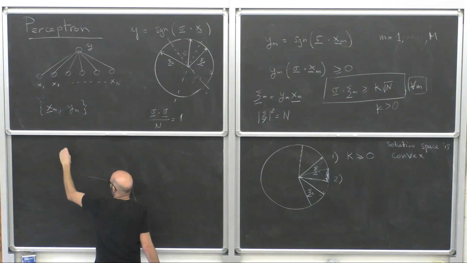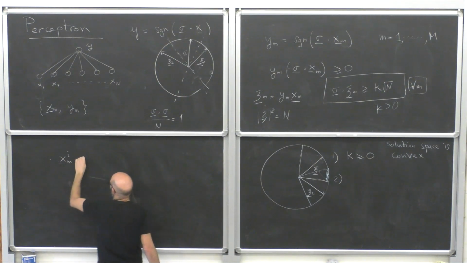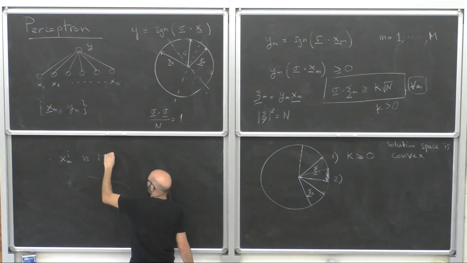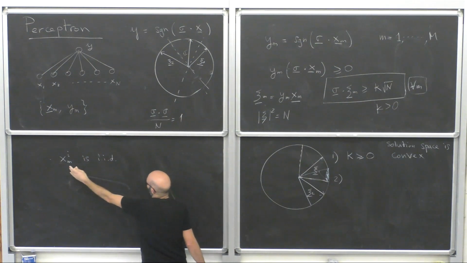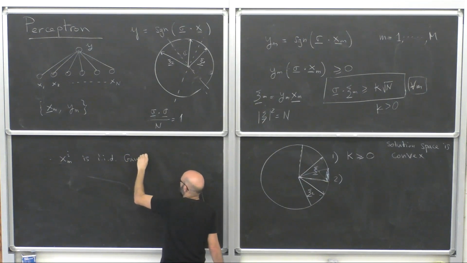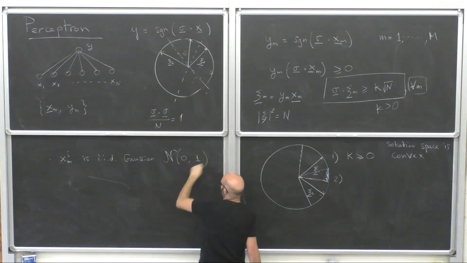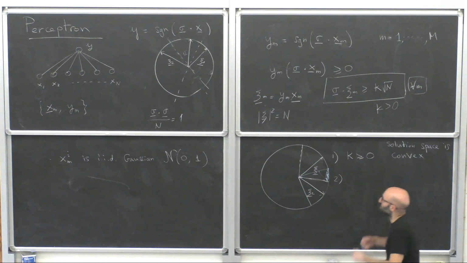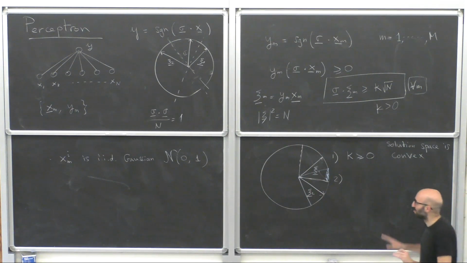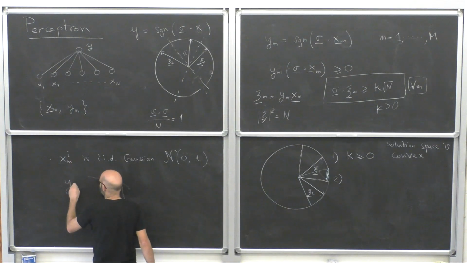So each training point is an IID Gaussian with zero mean and unit variance, okay? So I take random inputs, just random inputs, and on top of that I take random labels.